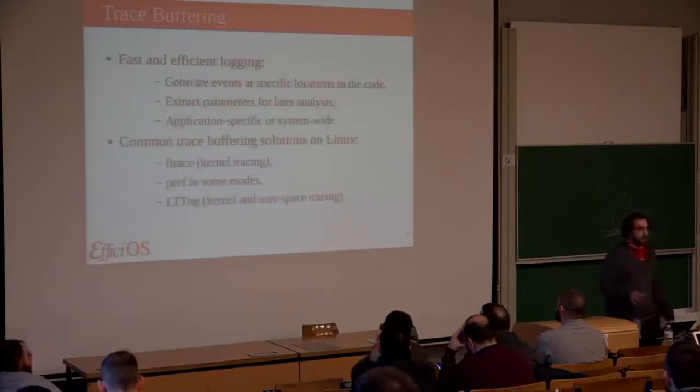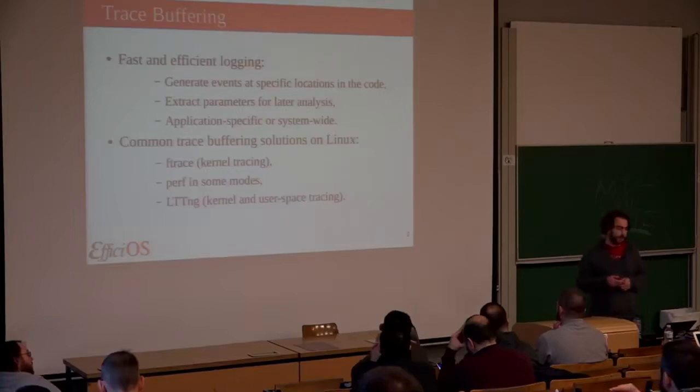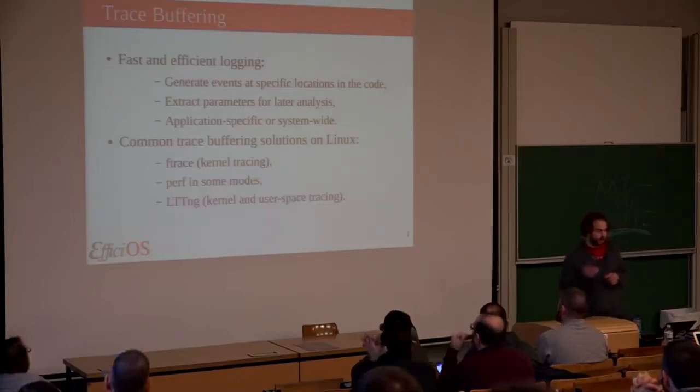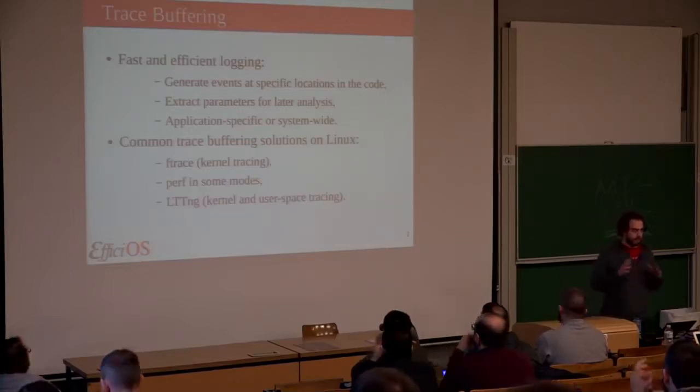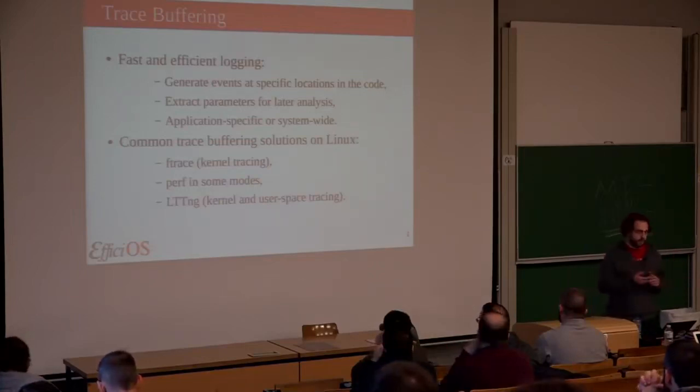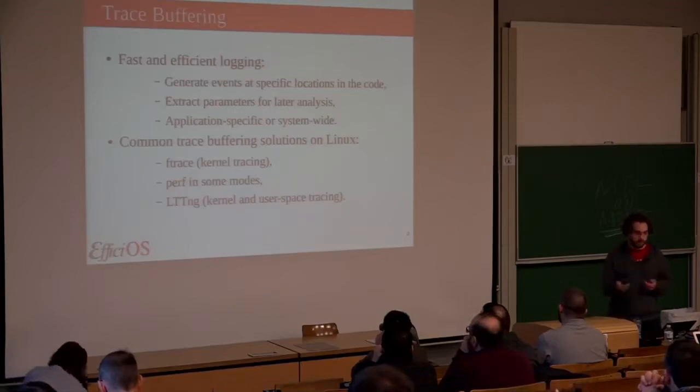The first kind of tracer that I want to talk about is trace buffering. That's usually what we refer to as tracing. It's just a fast and efficient logger. You take the instrumented code and it generates logs.